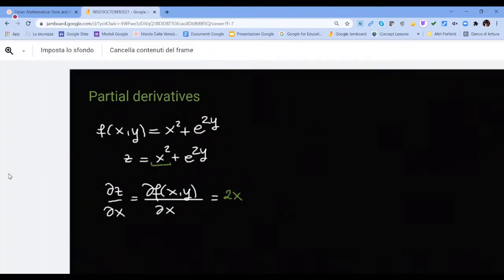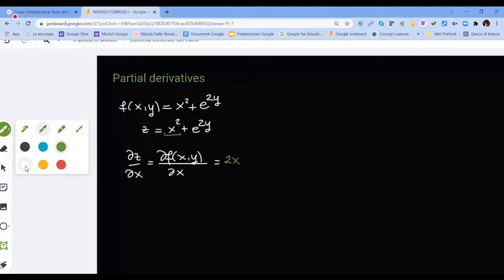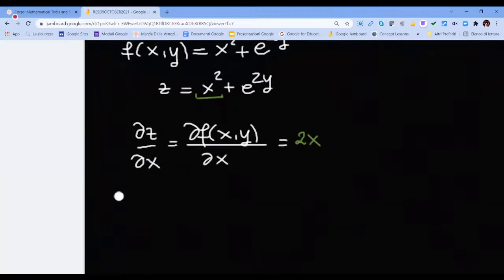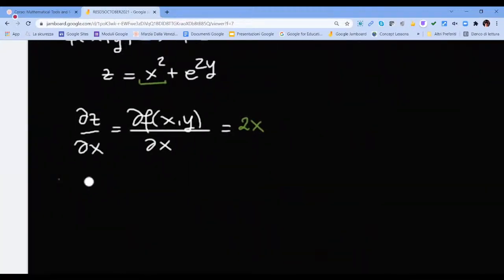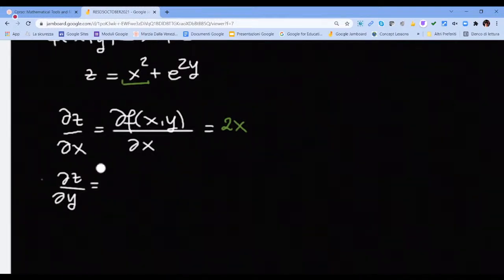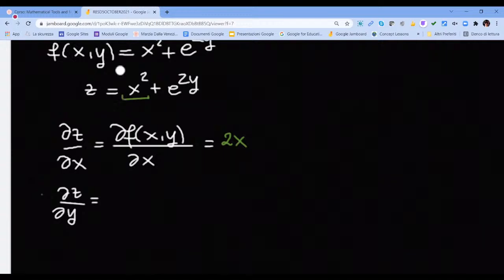The same we can compute for the function with respect to the variable y. Of course, we have as many partial derivatives as there are variables, and that is the derivative of the whole function with respect to y.